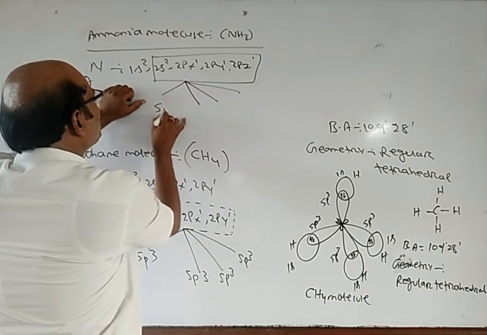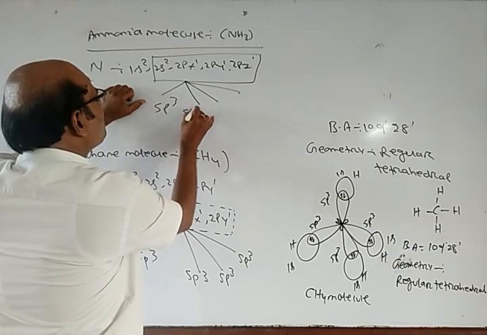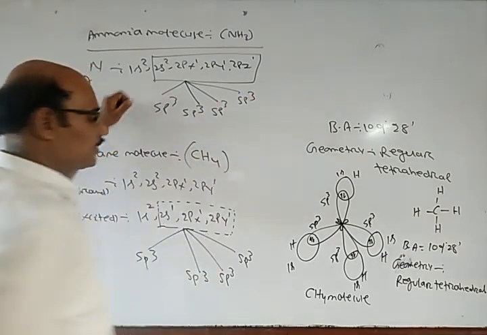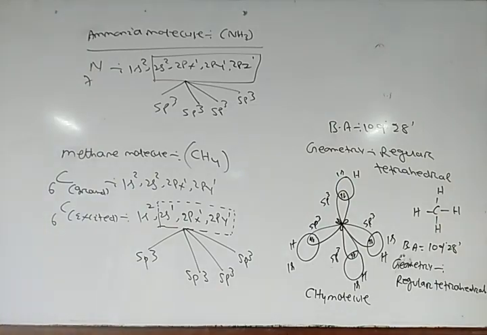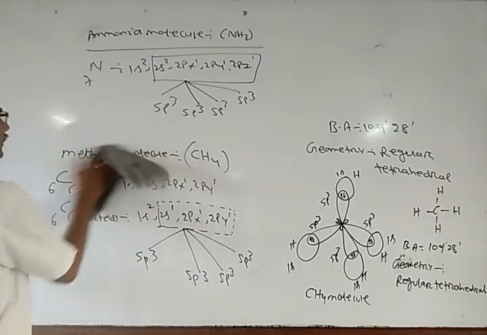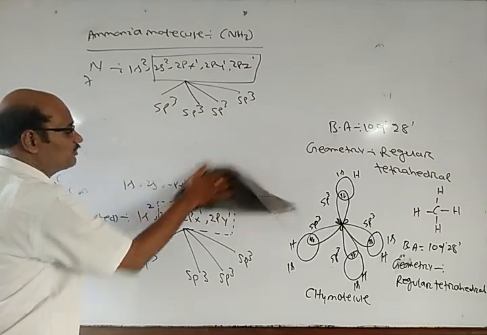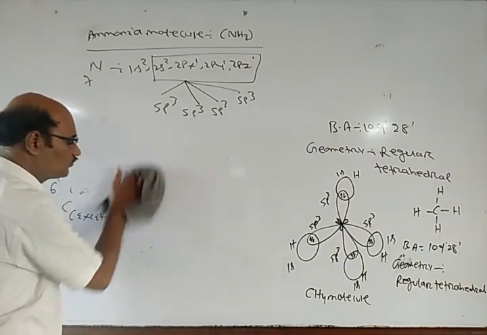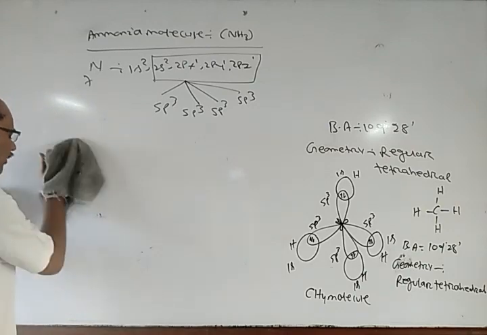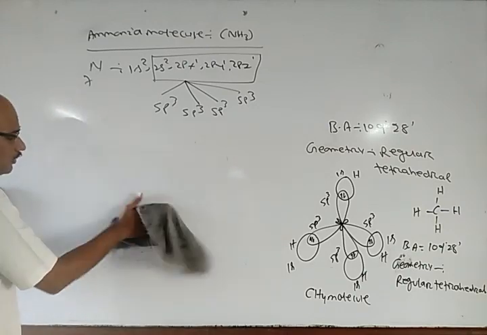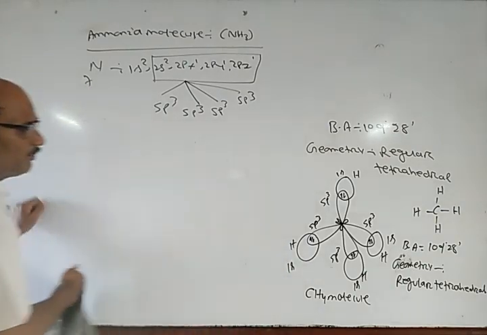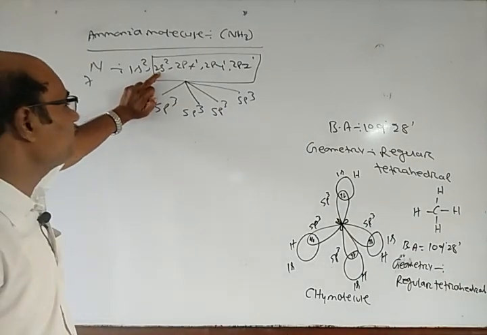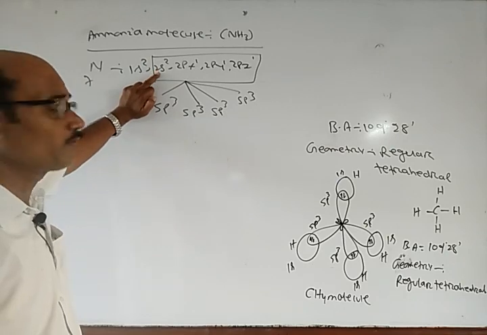Four sp3 hybrid orbitals. Now among these four sp3 hybrid orbitals, three have an unpaired electron and one contains a lone pair of electrons.